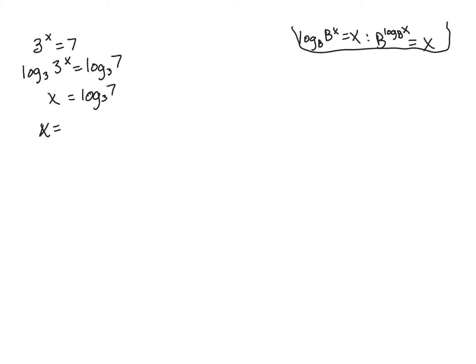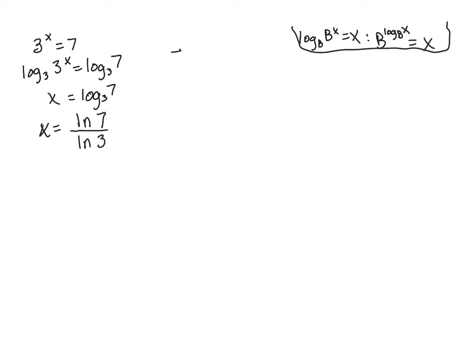But you can use either one of those. You put the ln of the original on top and the ln of the base on the bottom, and you can plug that in your calculator and get a decimal representation of that answer. I don't need it because log base 3 of 7 is exact, so you can leave it that way.